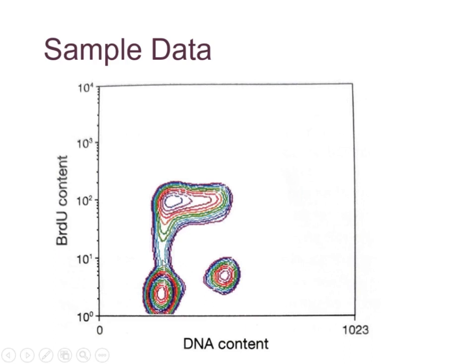And you can see that the bromodeoxyuridine is being incorporated, and in between the two major populations here is where that S phase is occurring, and there it is detected by the increase in bromodeoxyuridine.